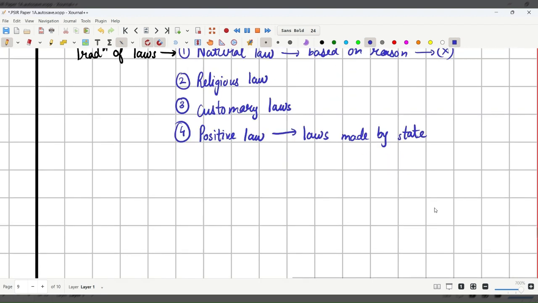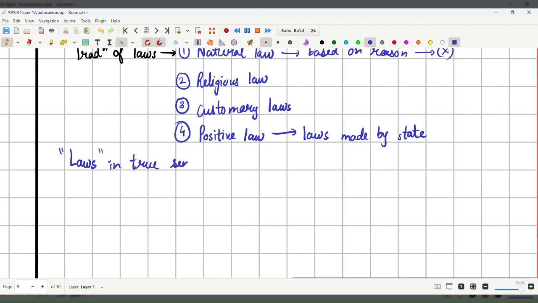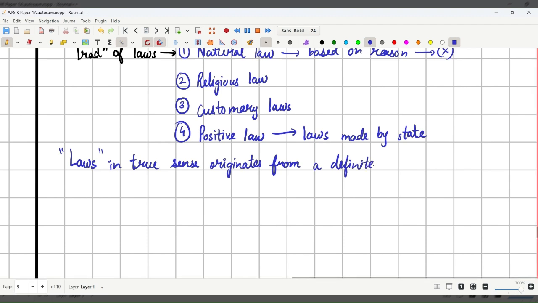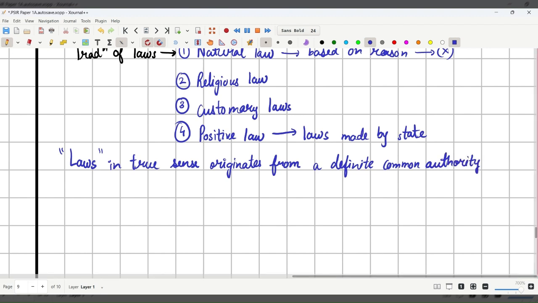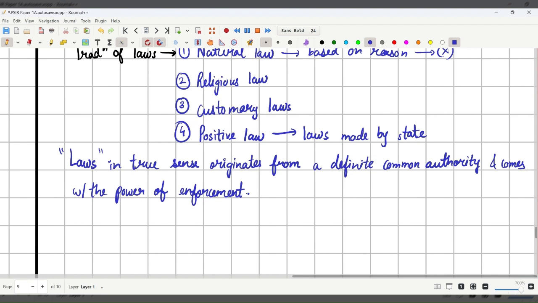And according to Hobbes, laws in the true sense originate from a definite common authority and come with the power of enforcement.